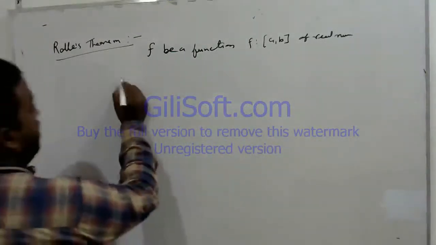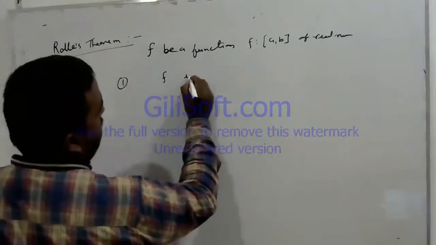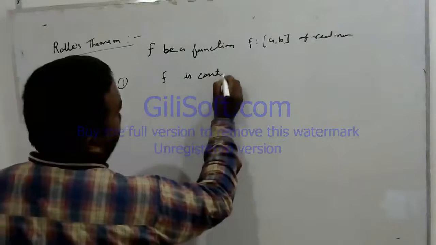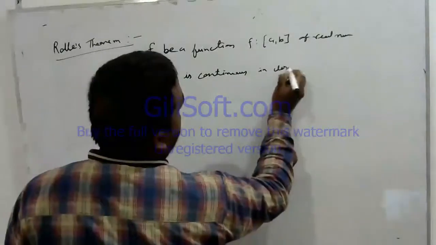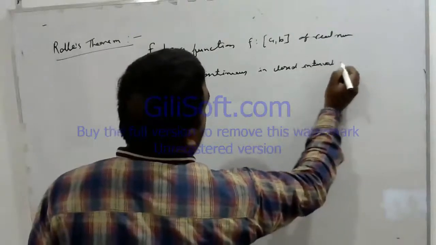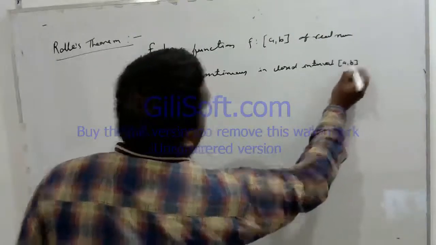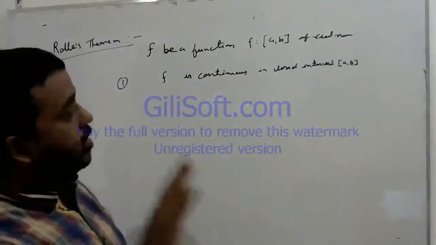First, f is continuous in the closed interval [a, b], meaning in the closed interval between a and b, it is continuous.